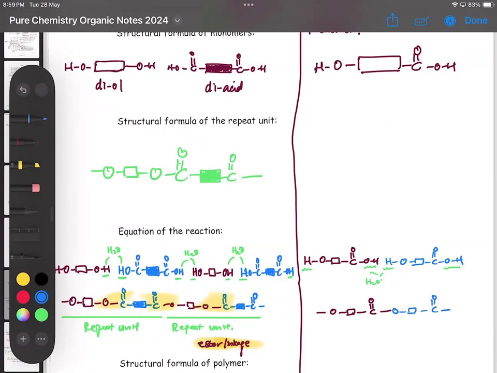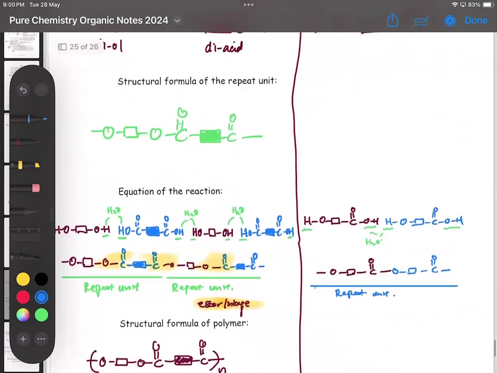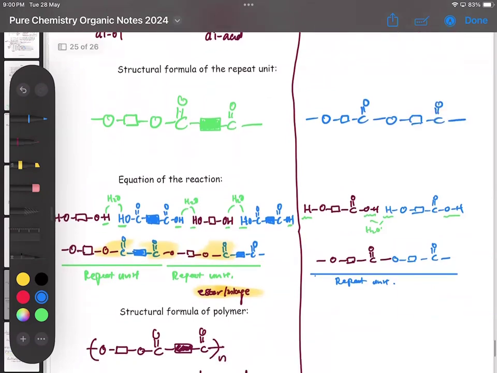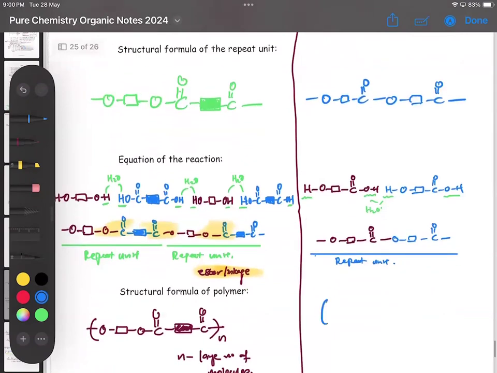The rest all drop off. So you can see this is also like one repeat unit on its own. This itself, you can draw two more, then you'll still look like the same thing. So this is actually our repeat unit also. Okay, so the repeat unit is just simply this. Finally, for the polymer, we'll draw the repeat unit.